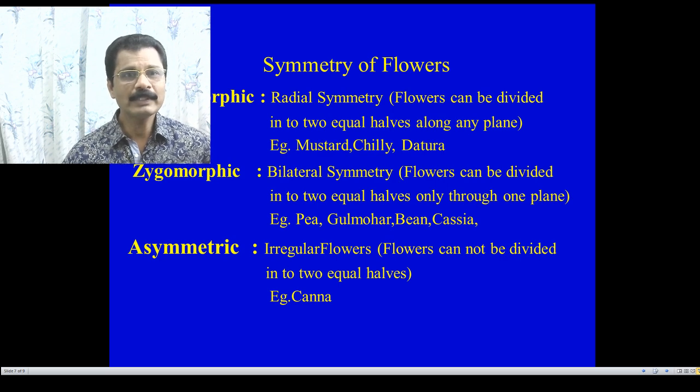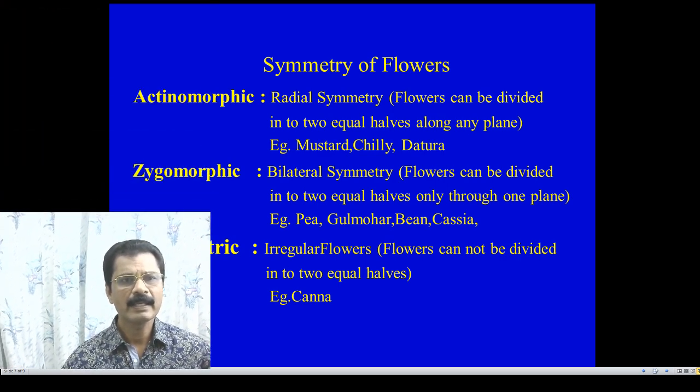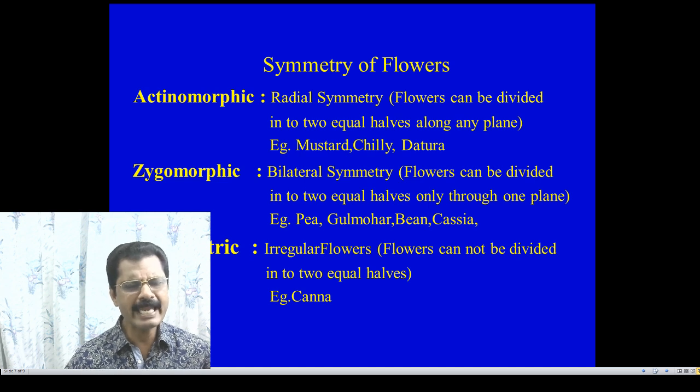Then we will talk about the symmetry of the flower. Actinomorphic flowers are otherwise called radially symmetric. Flowers can be divided into two equal halves along any plane. Example, mustard, chili, datura. Such flowers are called actinomorphic flowers.